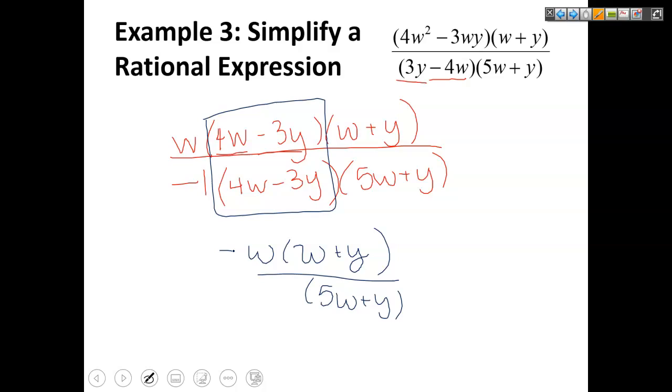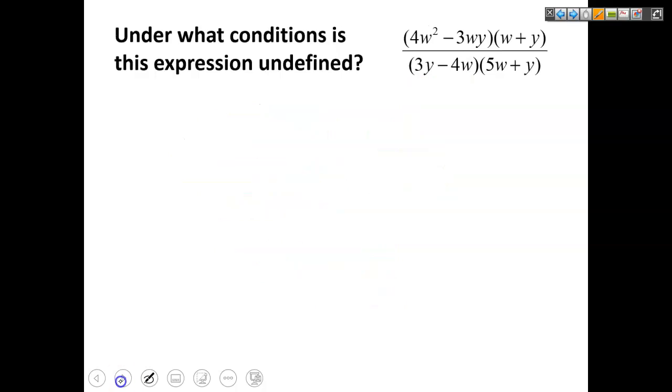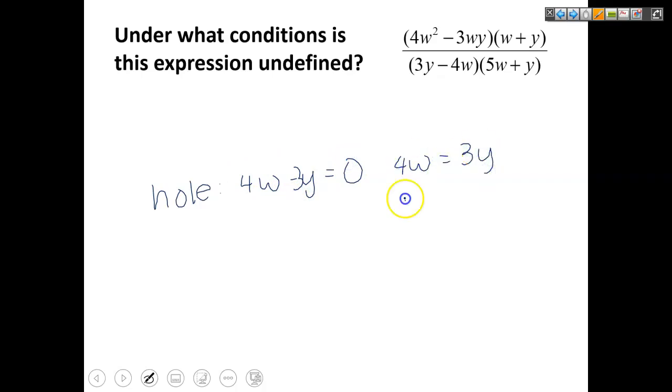This one and its conditions under which it's undefined are a little bit more unique. Your answer is not going to necessarily be an x equals or a y equals by itself. W and y are going to depend on each other. So it has a hole when 4w minus 3y equals 0, or when 4w equals 3y, or you could say when w equals 3y divided by 4.